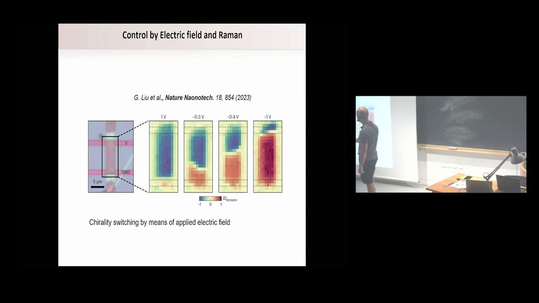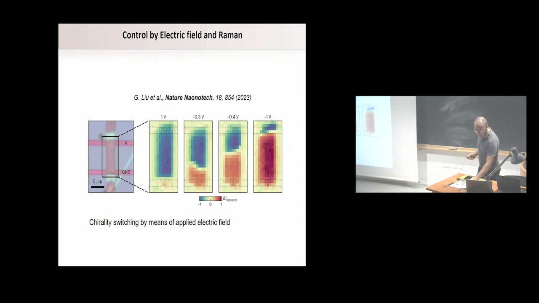This is Raman contrast. I showed you Raman is very powerful here, micro Raman. What they did is send a current here, and they can move this domain wall, switching this part of the sample in between the two leads completely from one chirality to the other one. And they can go back and forth as much as they want.